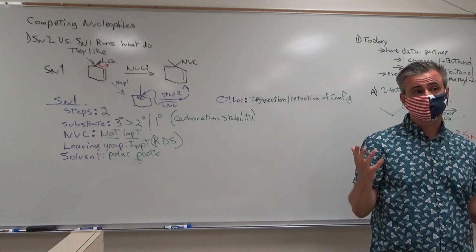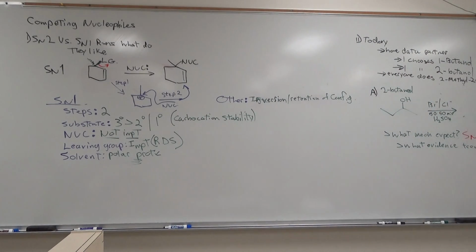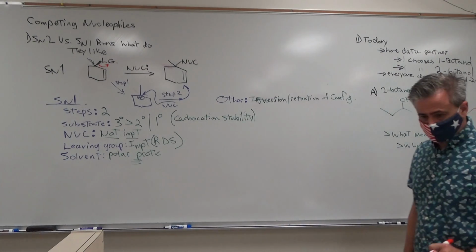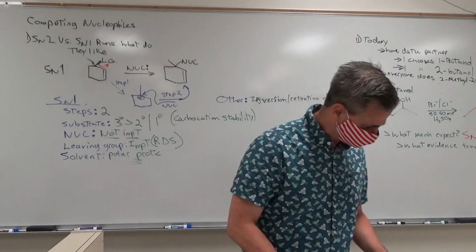You'll have to see which ratio the t-butanol product resembles, chloride to bromide. Which ratio does this resemble of the previous two reactions? Or maybe it's a mix. We'll have to see. Does that make sense, guys?